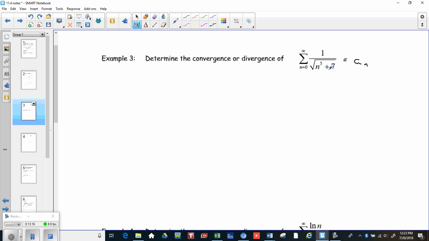This plus 7 under here, again, as this thing gets extremely large and goes off to infinity, is kind of irrelevant. So we're just going to look at the dominant term, and the fact that this is a plus 7 means that this denominator is going to get bigger.